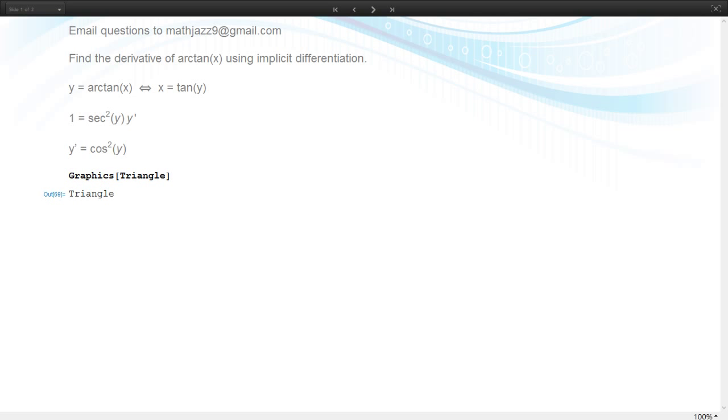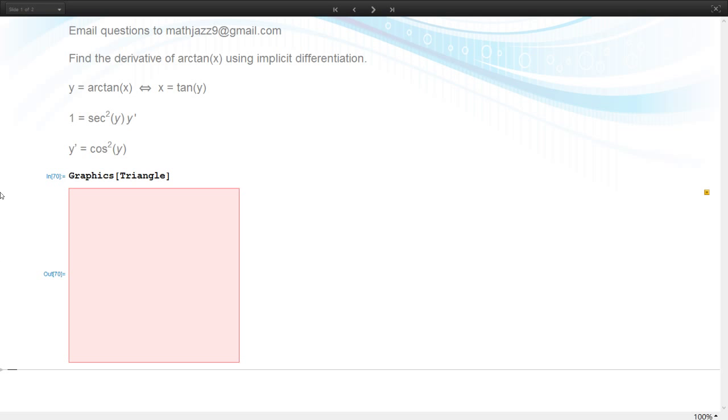Triangle is not a graphics primitive? That's sad. Okay, well, here's a triangle.